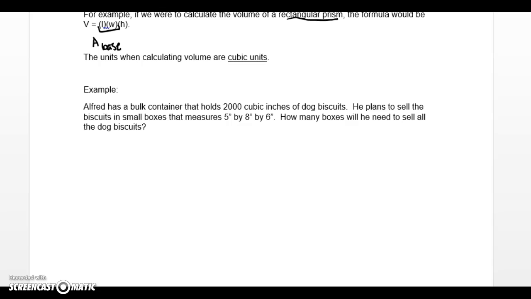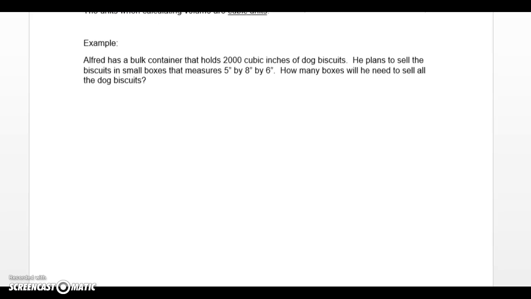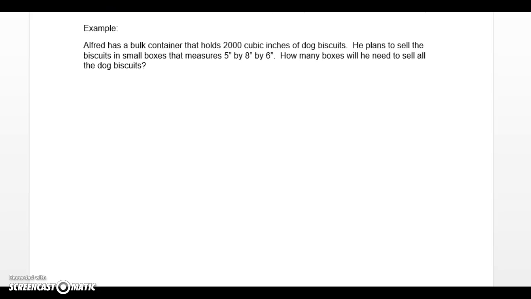Now we're going to look at an example, and this one is number 1 from your notes. Alfred has a bulk container that holds 2,000 cubic inches of dog biscuits. He plans to sell the dog biscuits in small boxes that measure 5 inches by 8 inches by 6 inches. How many boxes will he need to sell all of the dog biscuits?